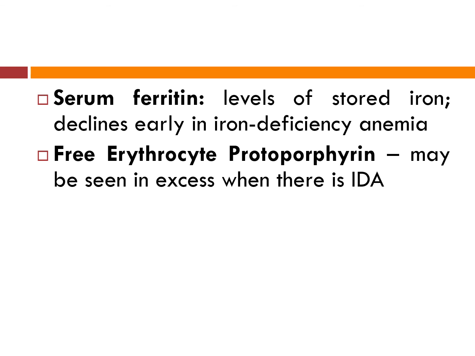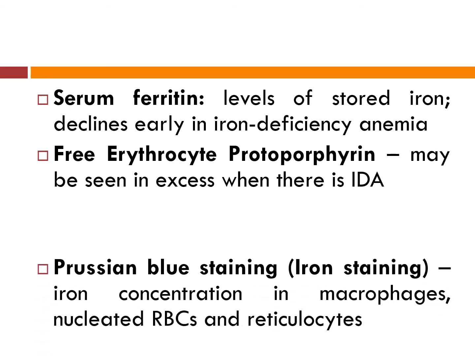So it shows that the patient may have deficiency of iron in the body, because how come there is free protoporphyrin present? No partner. It should be the iron that will partner your protoporphyrin.